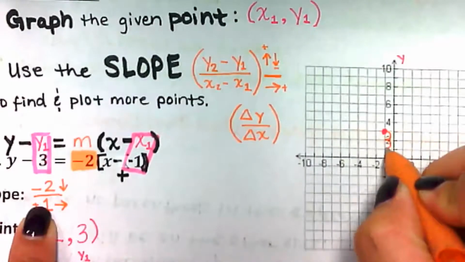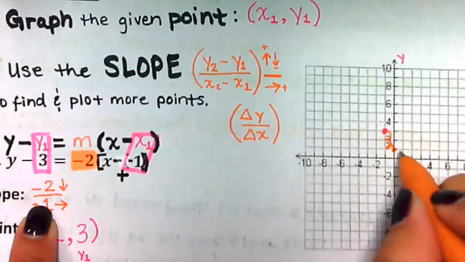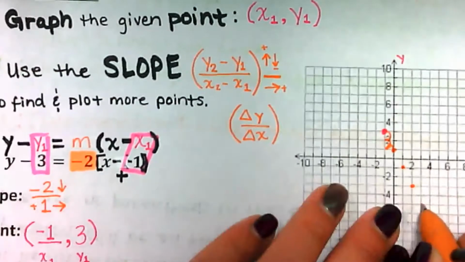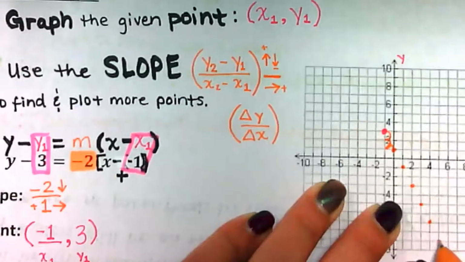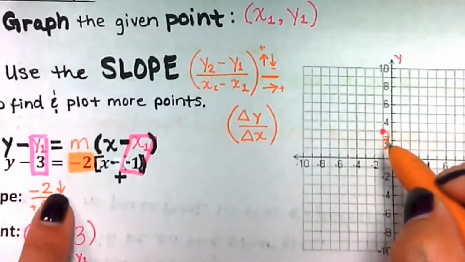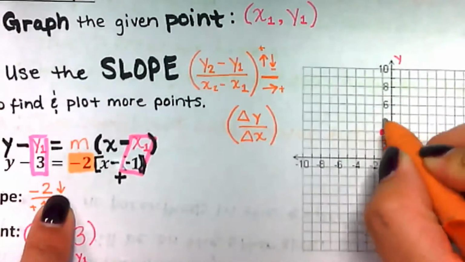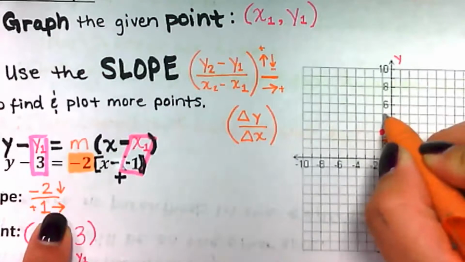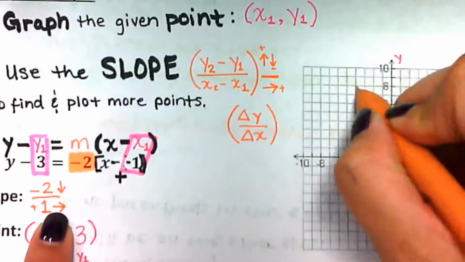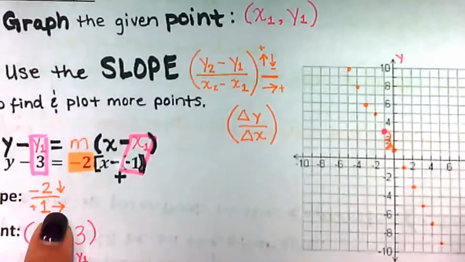I'm going to go down 2 and to the right 1. All right, down 2 to the right 1, and I'm going to again continue until I run out of space. What would be the way to go backwards? The opposite would be going, rather than down, we're going to go up 2. And the opposite would be to the left. Ta-da!